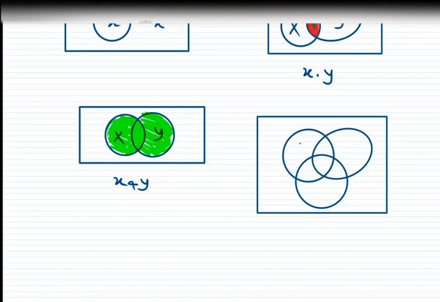Okay, now one of them is x, the other one is y and z, and we want to see what is the function of this space, like entire z and this area. So we want to write the function which is corresponding to this space.